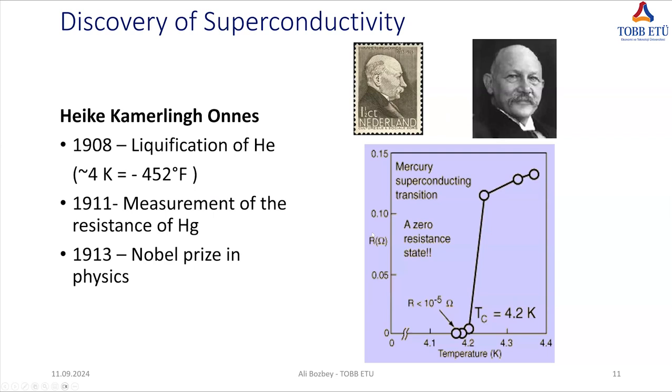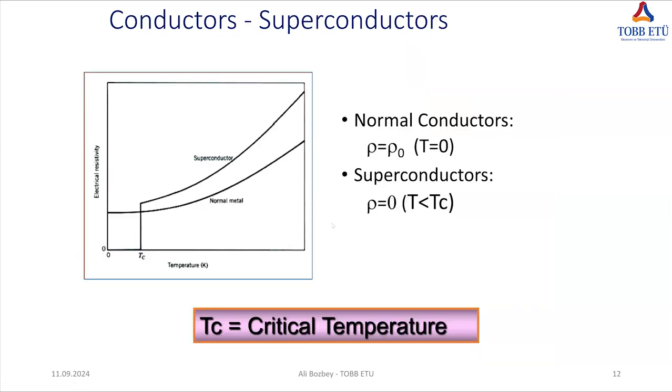At that time, there were two theories about the resistance versus temperature of metals. One theory was, if we cool the material, the resistance will decrease, but there will be some finite value.